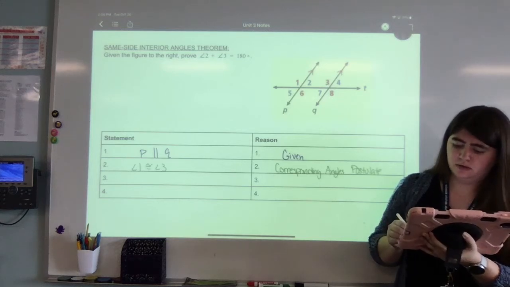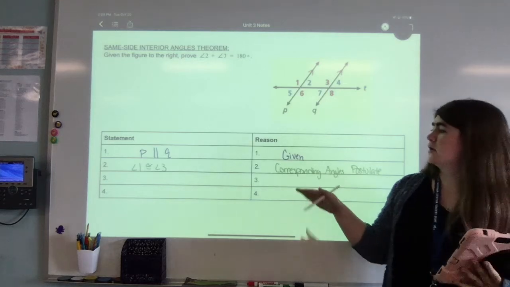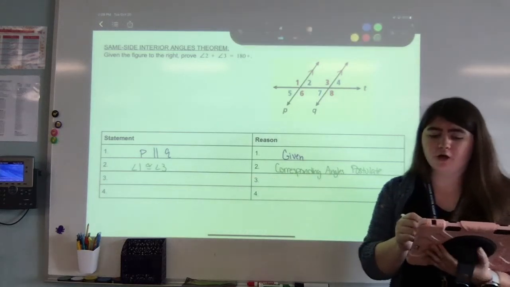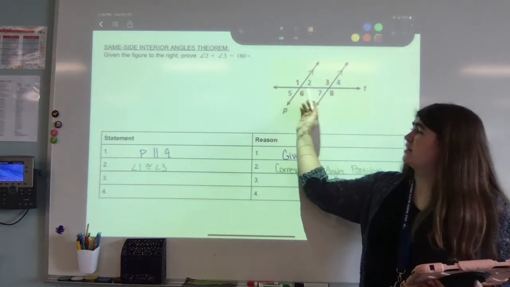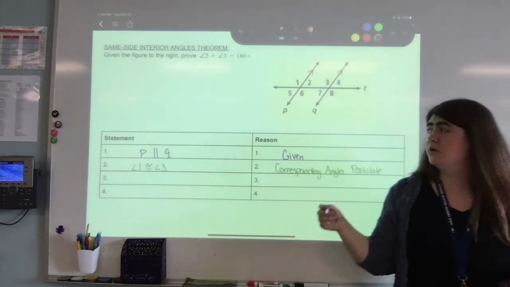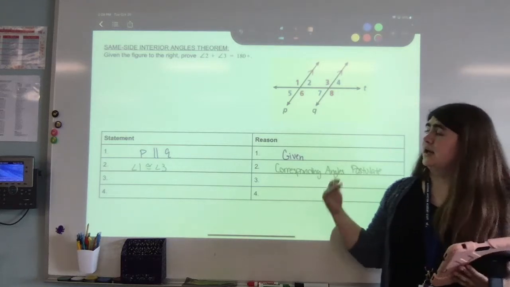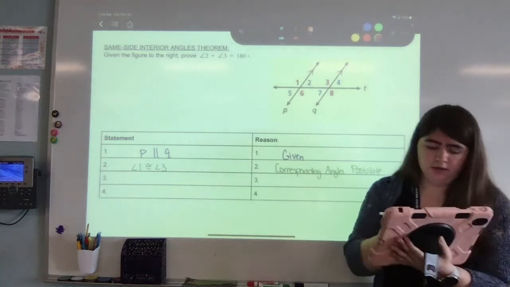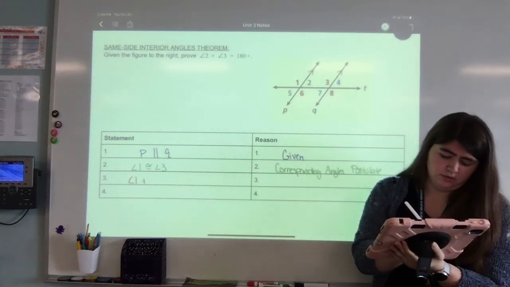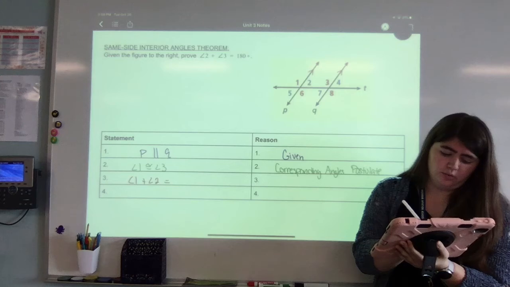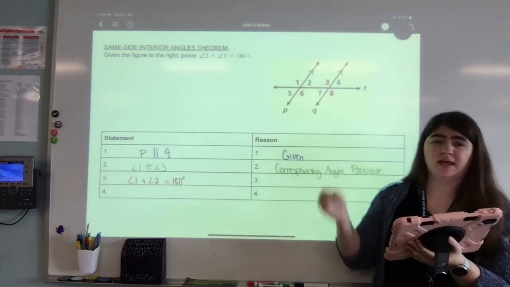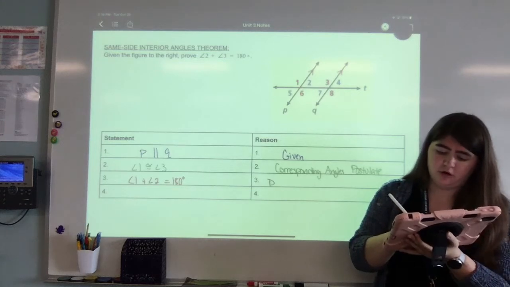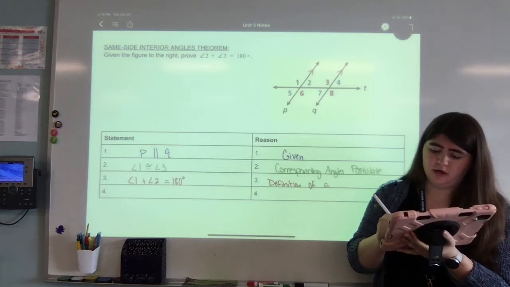Then for my next line, I'm going to write down that other thing that I pointed out, that angle 1 and angle 2 are on the same line, so they have to be supplementary. So we're going to start by writing out that angle 1 plus angle 2 is equal to 180 degrees. And I know that because these two things are, again, a linear pair, so that is the definition of a linear pair.